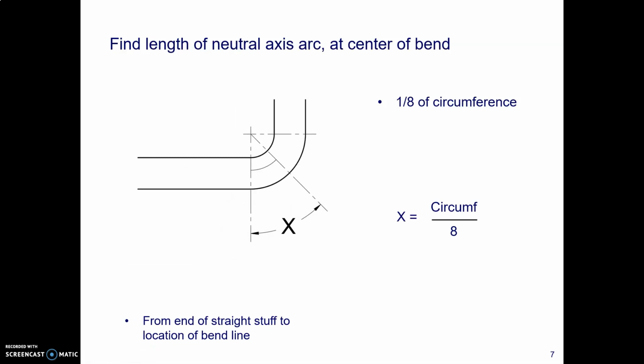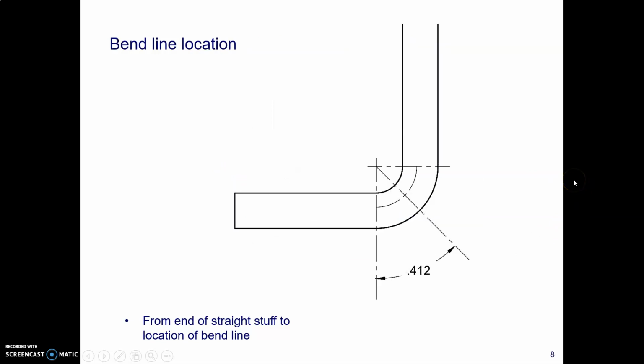Because what you really want to know is, from where the straight segment ends to the middle of the bend, how long is that arc? And that arc is 1/8 of the circumference of that neutral axis circle. When you punch the numbers in your calculator, I hope you come up with 0.412.